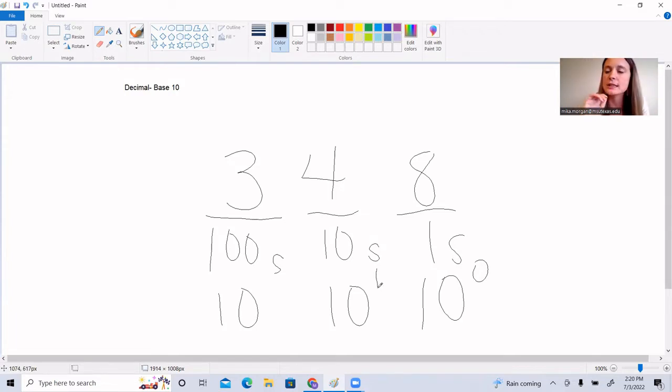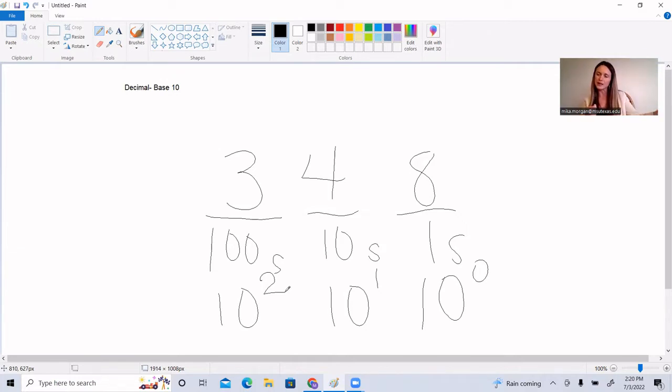Now I'm going to increase my exponent. 10 to the power of 1 is 10. So the next digit over here is the tens place. I'm going to increase my exponent again. 10 to the power of 2 is 100. So this third column over here on the left is my hundreds place.